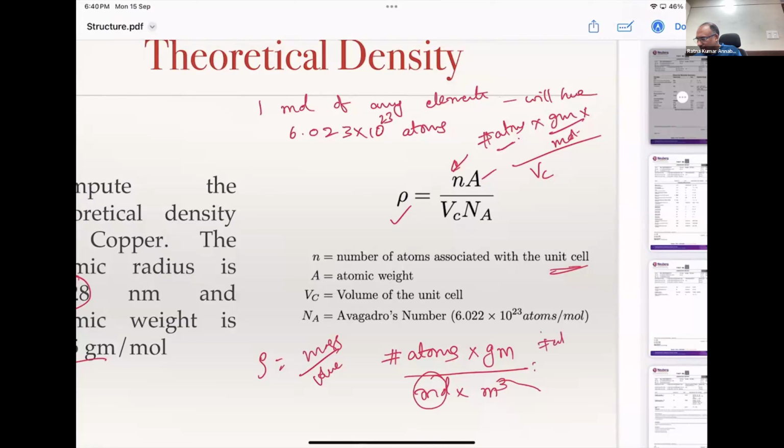Number of atoms into grams per mole, divided by 6.023 into 10 power 23 atoms per mole, into the volume in meter cube. The moles cancel and you get gram per meter cube.